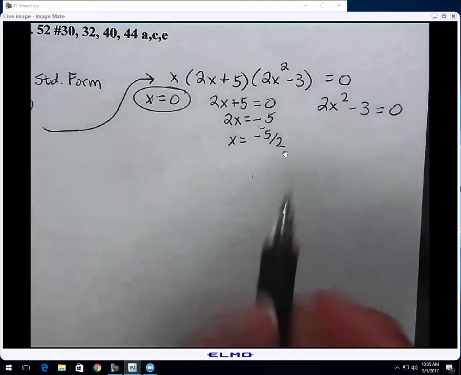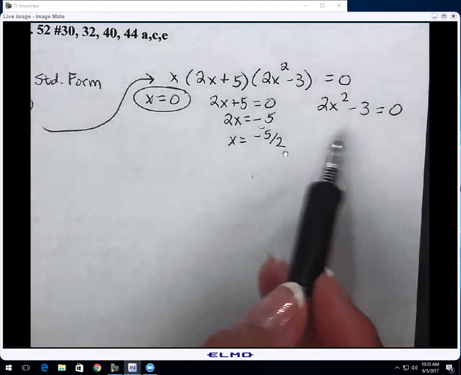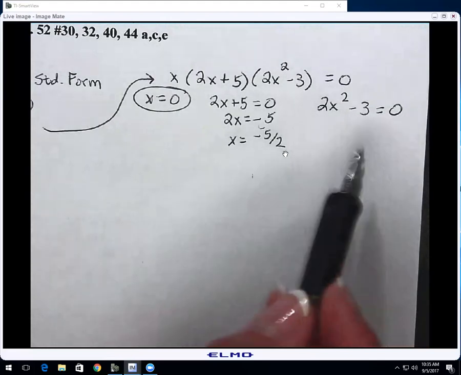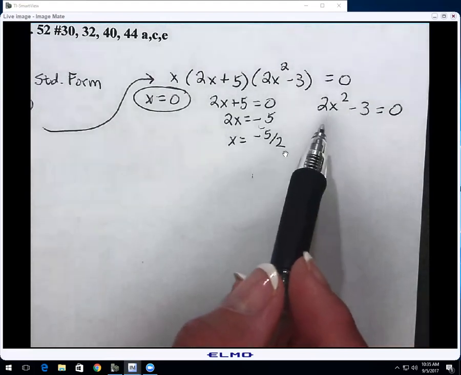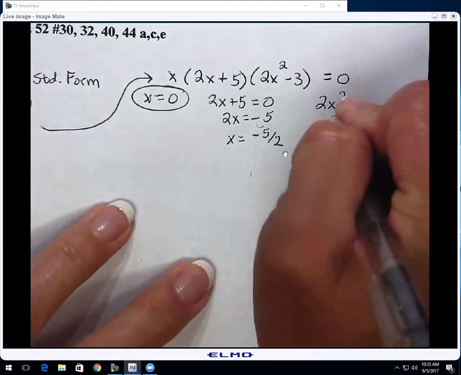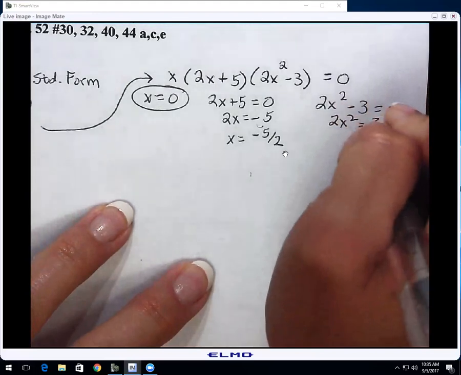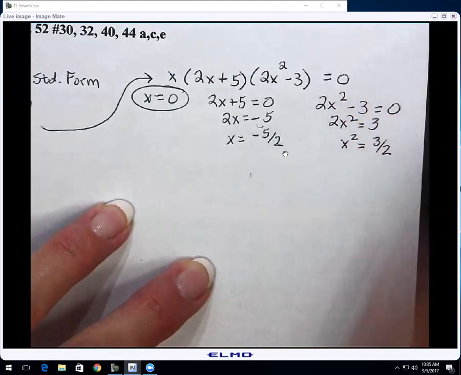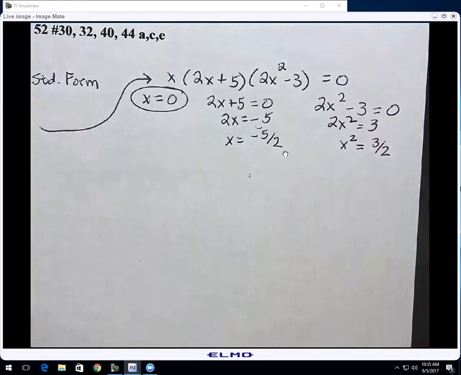What kind of equation is that second equation? It's quadratic. It won't factor, but I could use the square root method. I could get the x squared by itself. And then what?